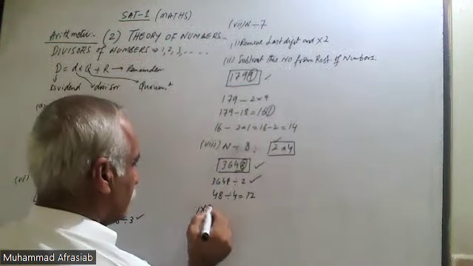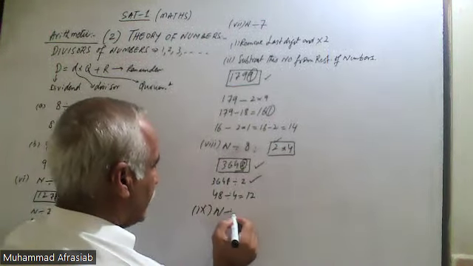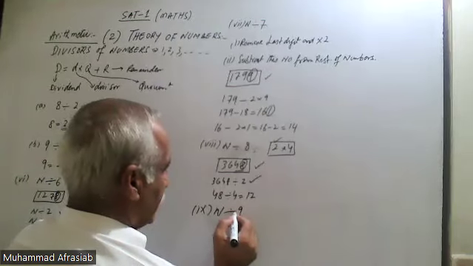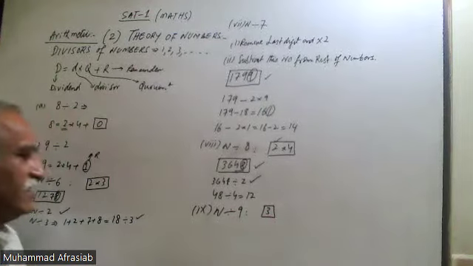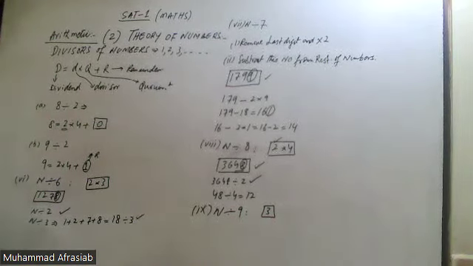Then, a number divisible by 9. The same rule that is valid for 3 is also valid for 9. And the number we are taking is 11115.